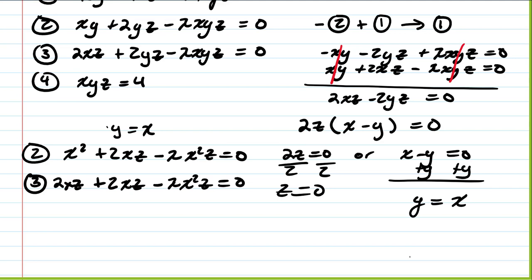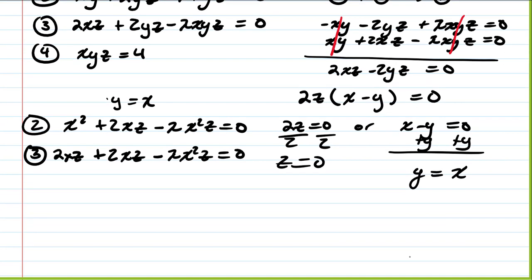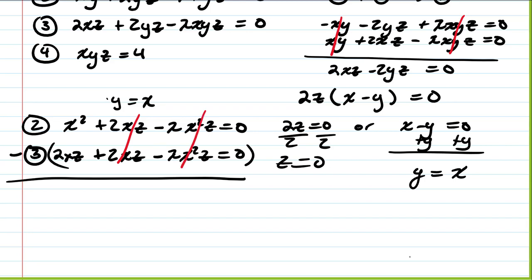So once again, after substituting this in, we could subtract these two equations. Subtracting each of these, we would notice these are equal and opposite, and these would be equal and opposite if we subtract. So that would leave us with x squared minus 2xz is equal to 0.